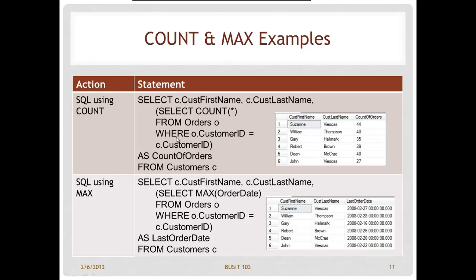And it's going to call that count of orders. And then it's going to go in and find the customer first and last name and put the number of orders that that person has submitted.